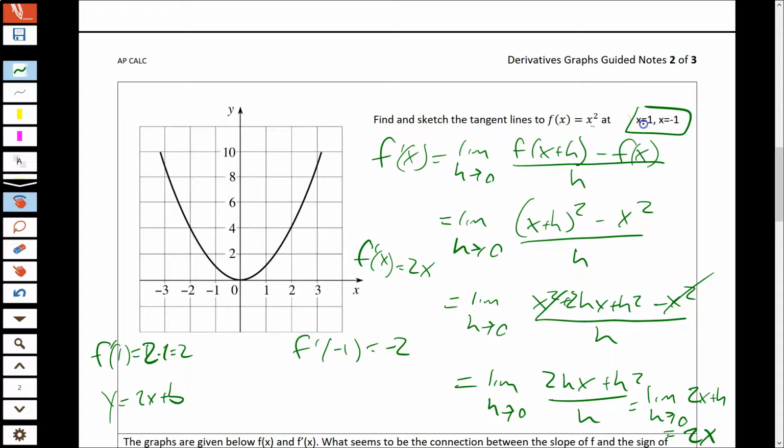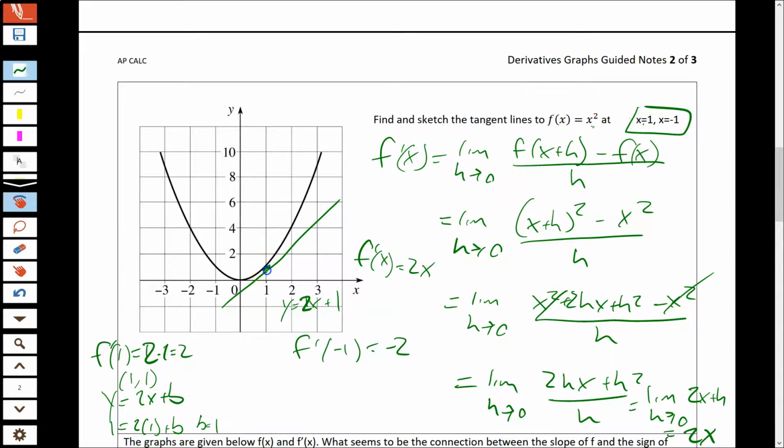My point is going to be 1, comma 1 squared, which is 1, 1. And I get 1 equals 2 times 1 plus b, right? And that means b has to be negative 1. So my first tangent line is y equals 2x minus 1.